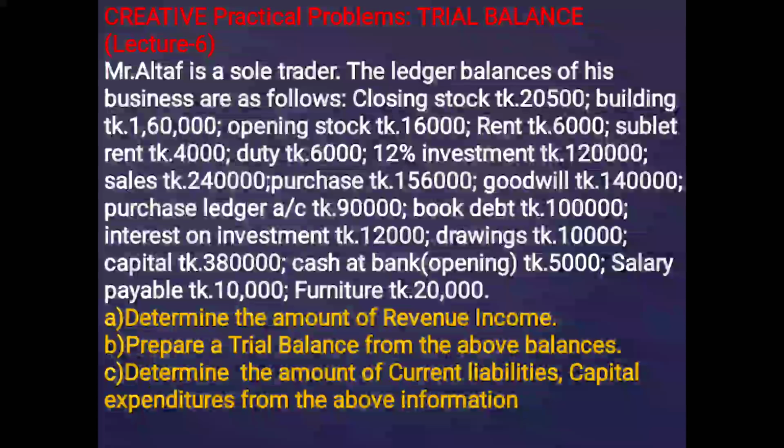Capital is the most important and most valuable item of equity, and it is at all times shown as a credit balance. Cash at bank opening: as a general rule, cash at bank opening is not included in the trial balance. Salary payable is one kind of current liability.